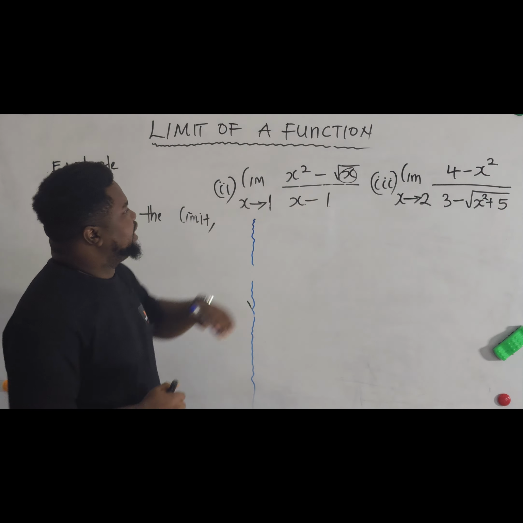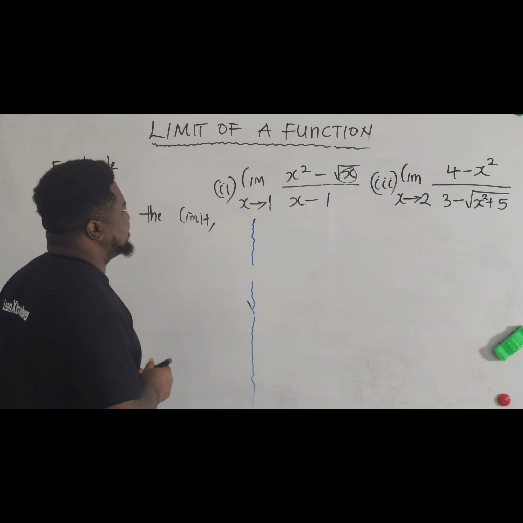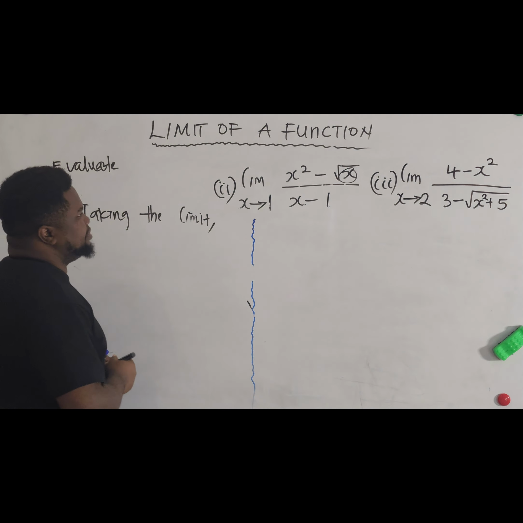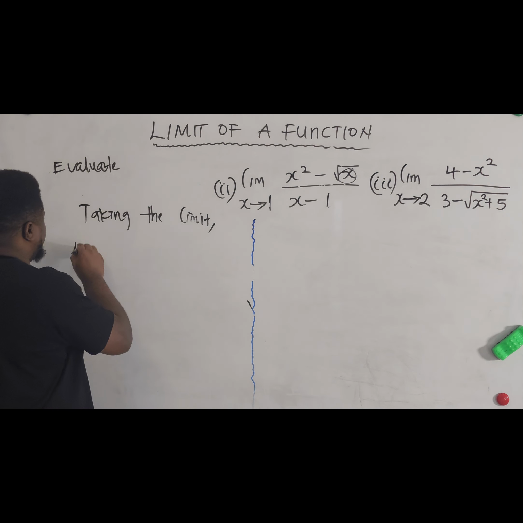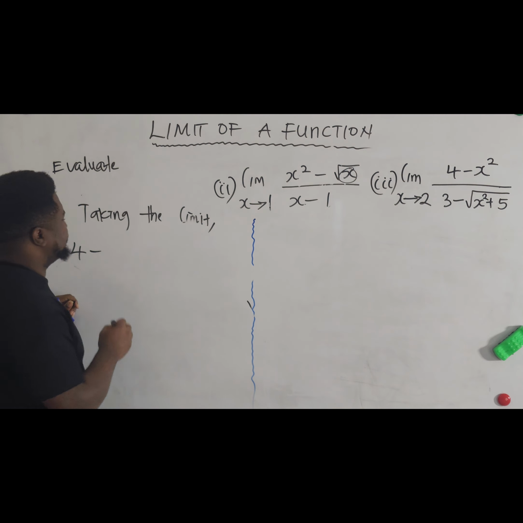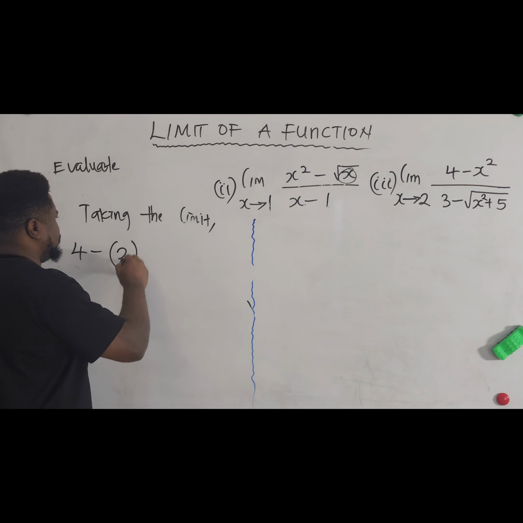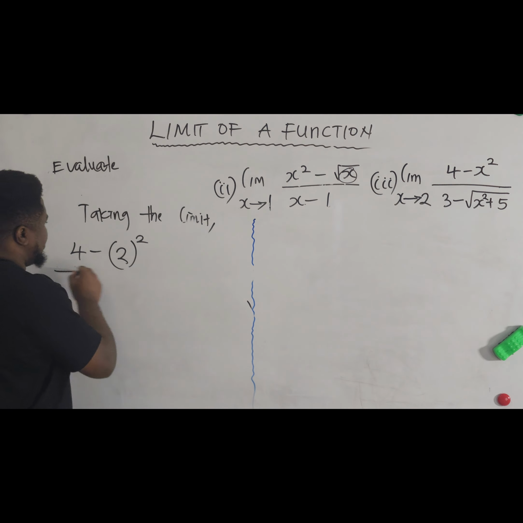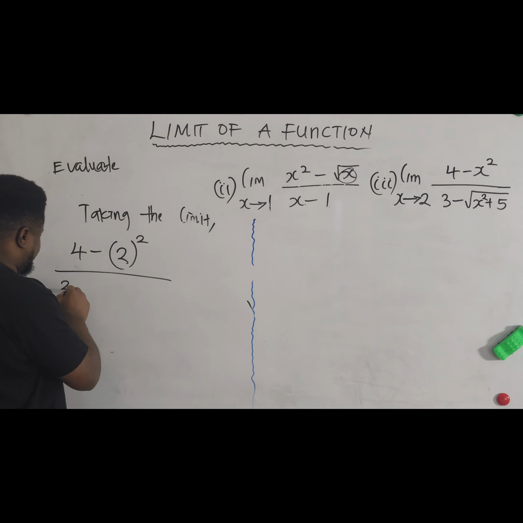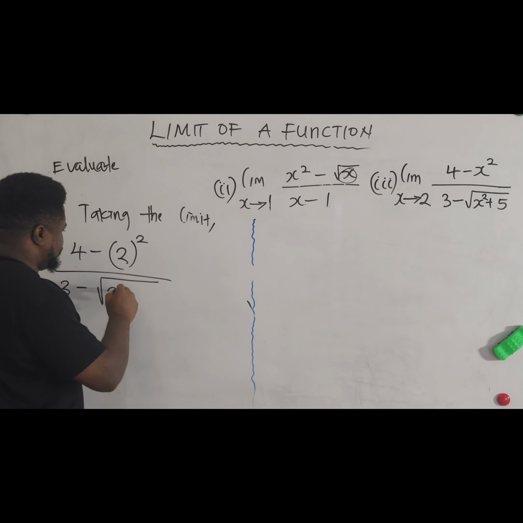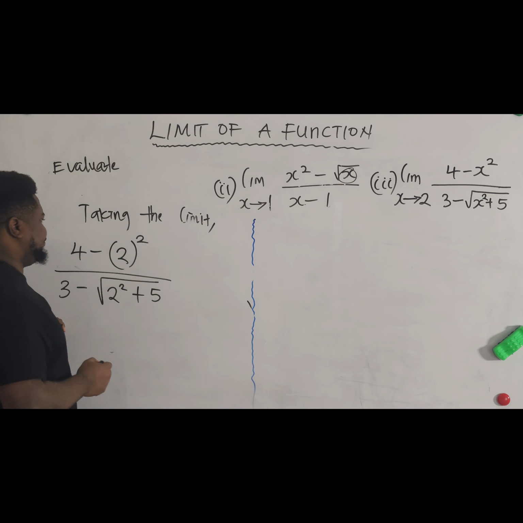For question 3, let's take the limits. Taking the limit, we have 4 minus 2 squared all over 3 minus root 2 squared plus 5.